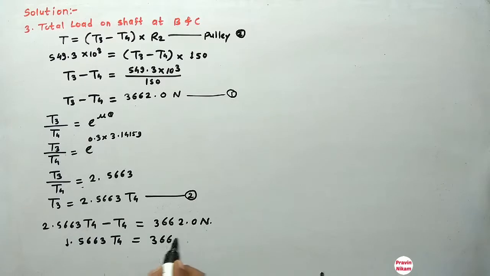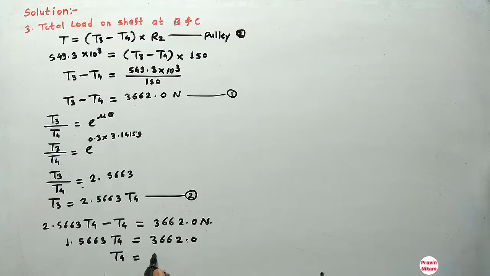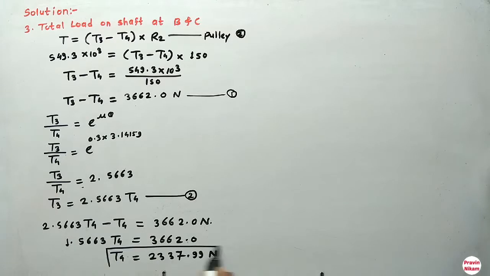That is equal to 3662.0. So therefore T4 is equal to 3662 divided by 1.5663. So the value becomes T4 is equal to 2337.99 Newton. So this is the value of T4.